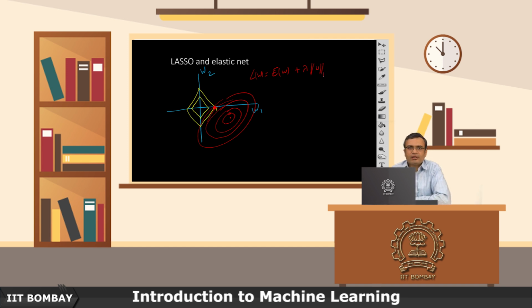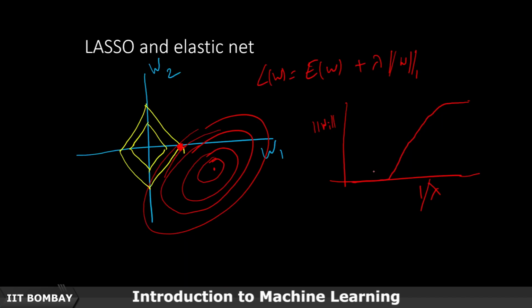If I look at no lambda, then basically I have zero penalty. If I have large lambda, then the weights are zero. So if I plot 1 over lambda, or log of 1 over lambda, and I look at the mod of a single weight at a time, then for no lambda I will have large weights, and as I keep increasing lambda, the weights will decrease and some weights will become 0.